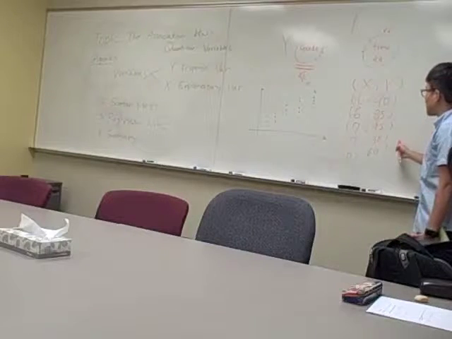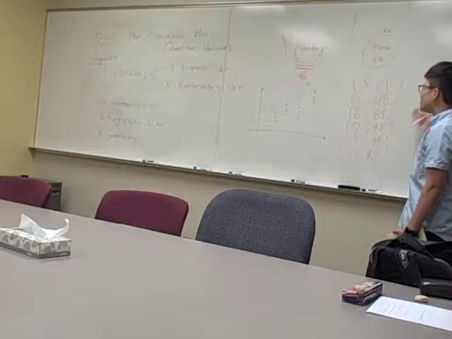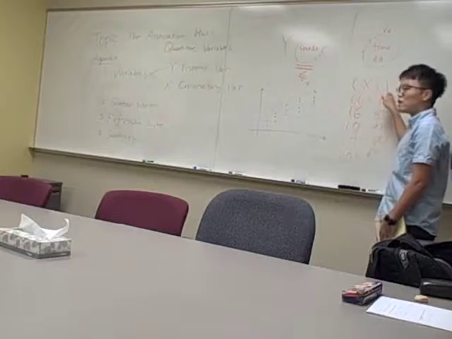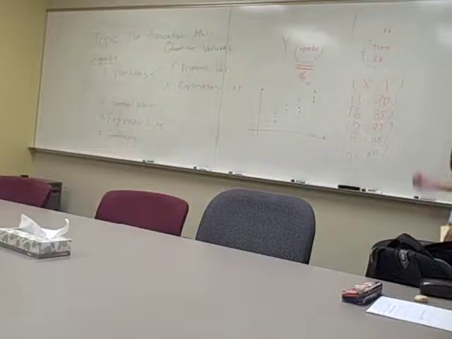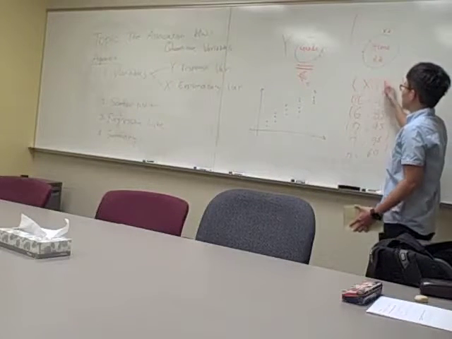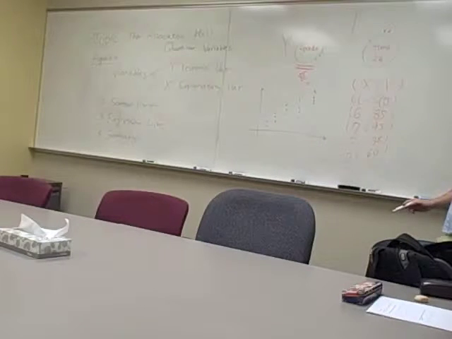But if we simply read this data, can we clearly know the relation between these two variables? Not clearly. So now we have to use one method to help us. What's that? Plot them. Yes, plot them.